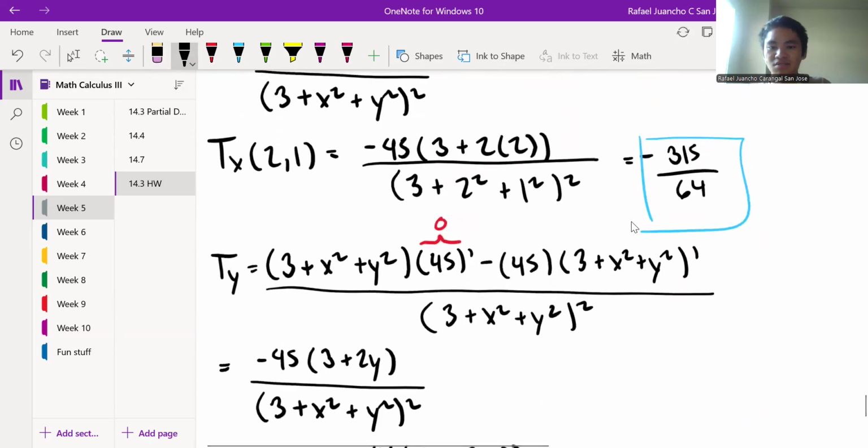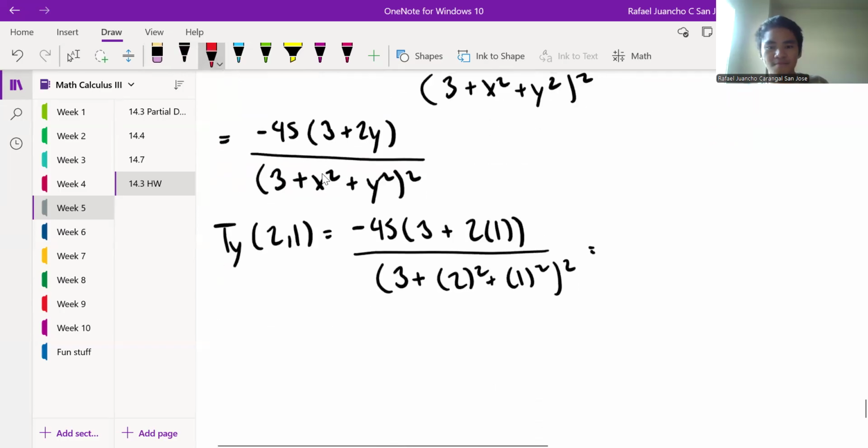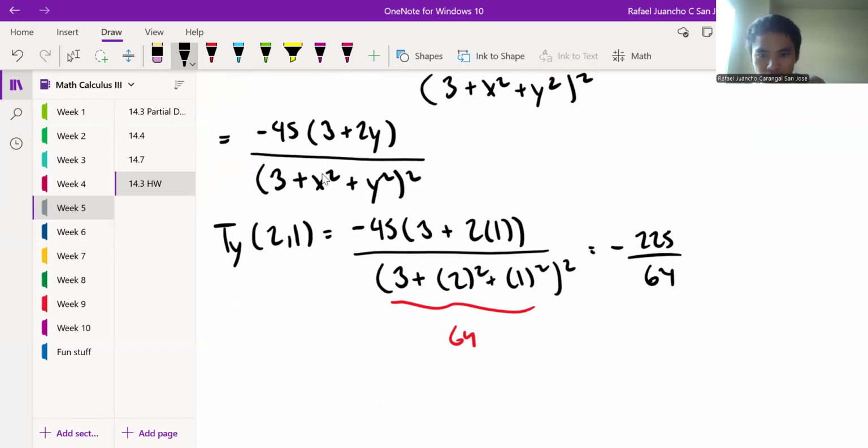Here I get 64. This is 64. This is 3 plus 2, 5. This is 2, 2, 5. I hope that's right. If not, that's okay.